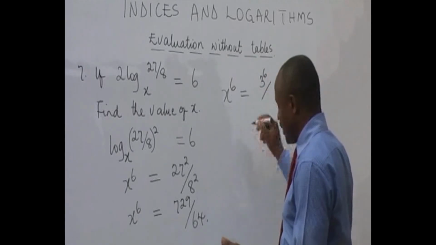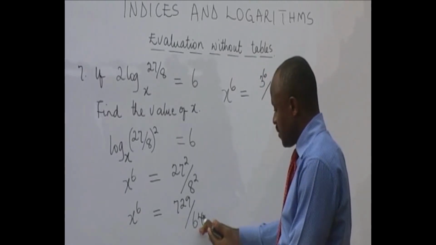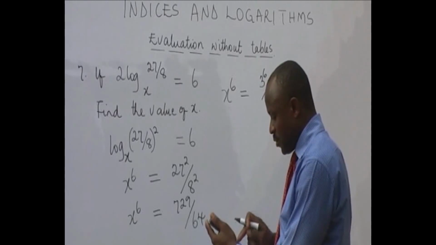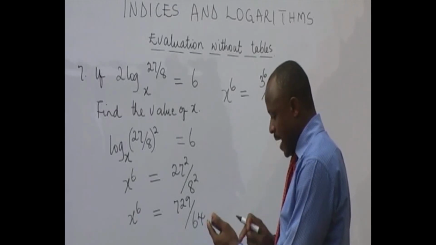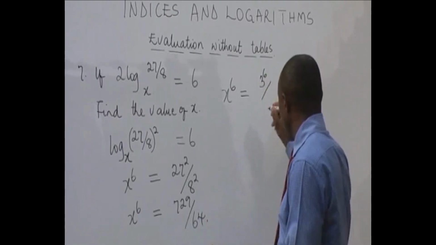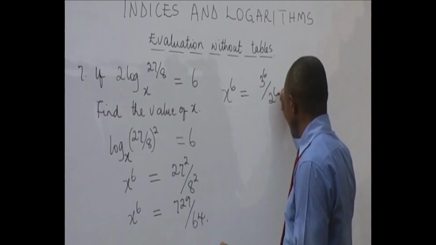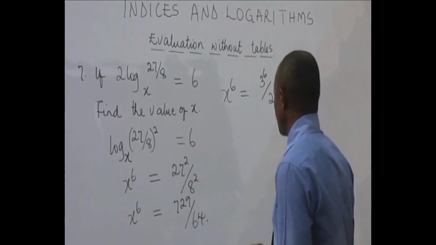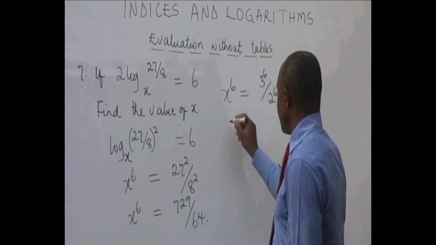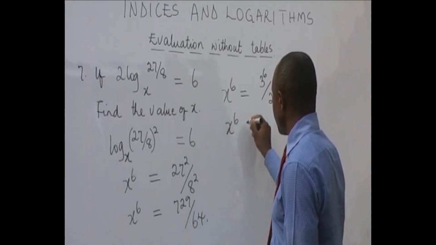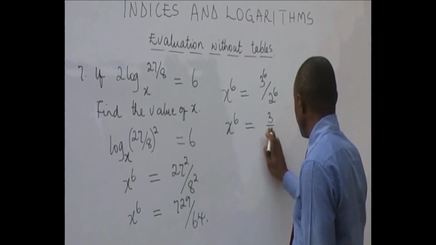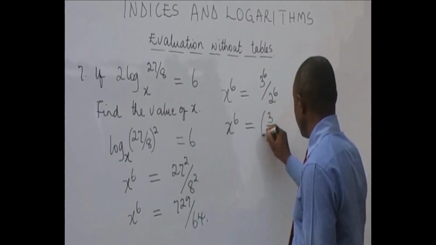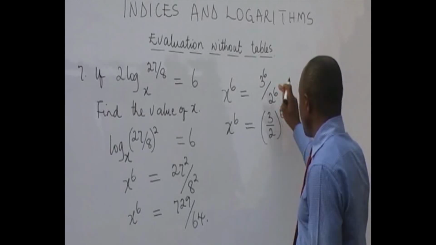Now divided by, let's try 2 for 64. 2 times 2, 2 times, 3 times, 4 times, 5 times, 6 times is 64. That means here we have 2 exponent 6. In this case, bring down x exponent 6 is equal to 3 all over 2 exponent 6. That's the meaning of this.